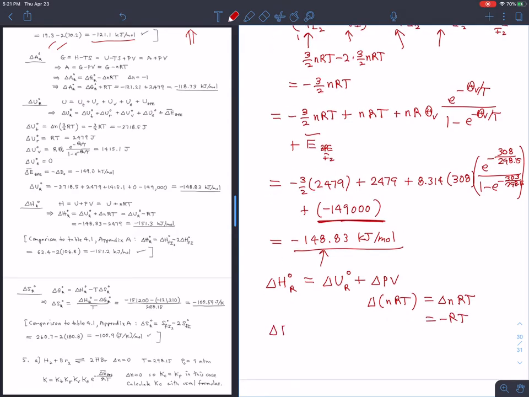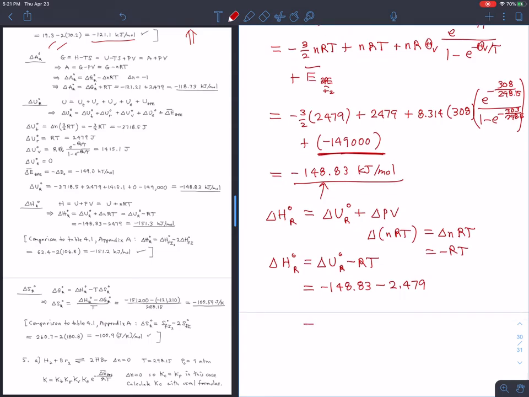So delta H is just equal to delta U, which we now have, minus RT. And that is equal to minus 148.83 kilojoules minus 2.479, also in kilojoules, and that is equal to minus 151.3 kilojoules per mole.